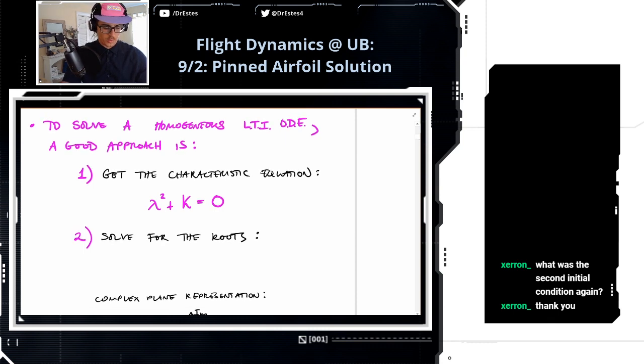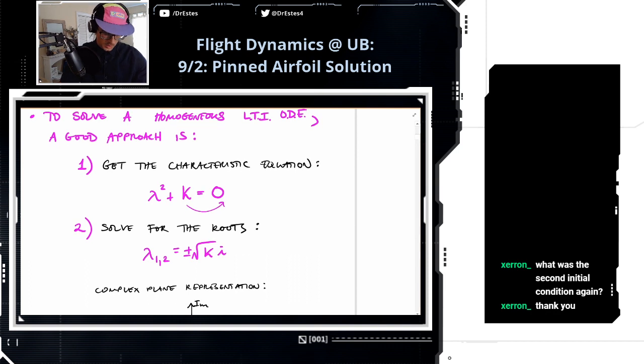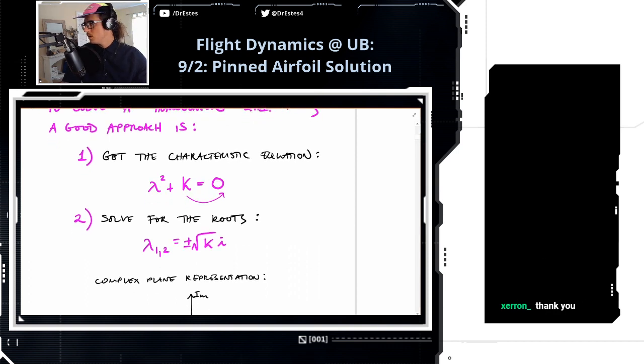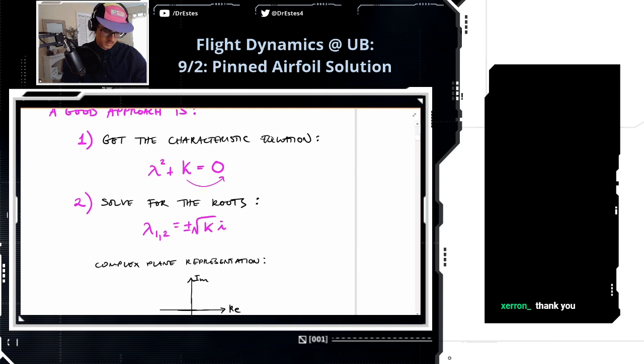Once you have the characteristic equation, the important thing from that is the roots. This is second order, so there's going to be two roots. You move the k over to the other side and take the square root of minus k. So you get imaginary roots, plus or minus square root of k times i.